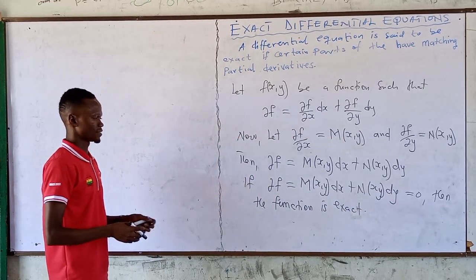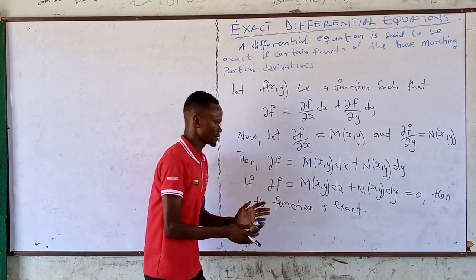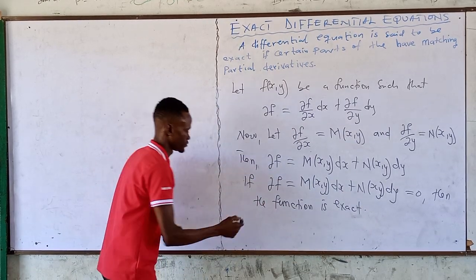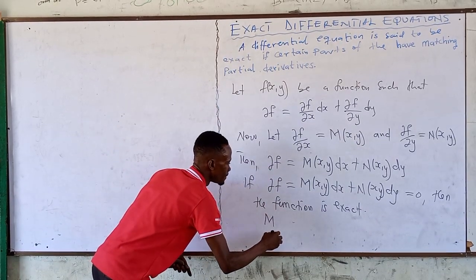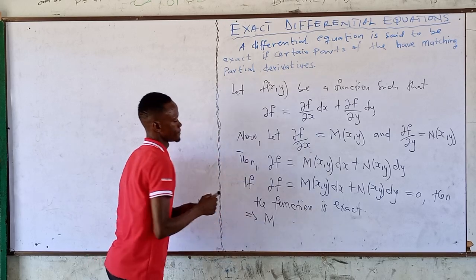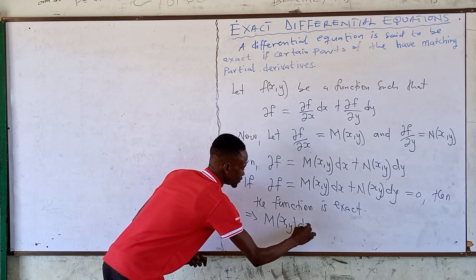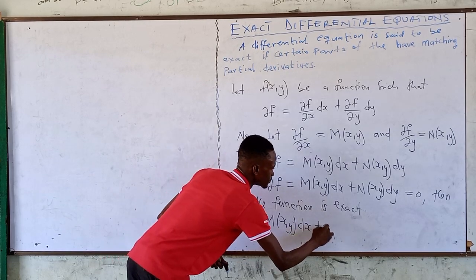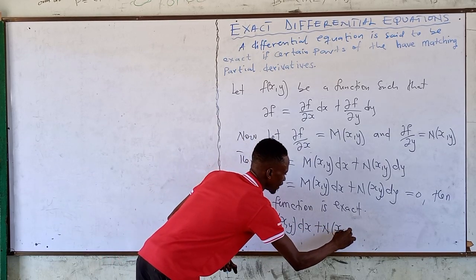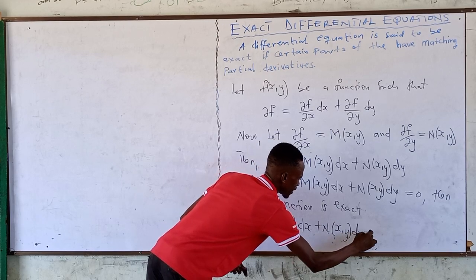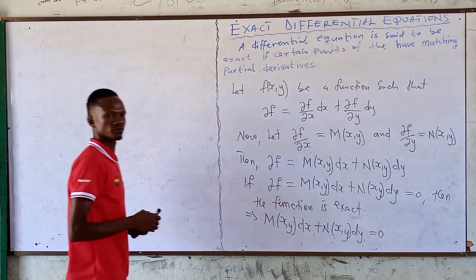So that is to say that the exact differential equation is of the form M(x,y) dx plus N(x,y) dy equal to 0.